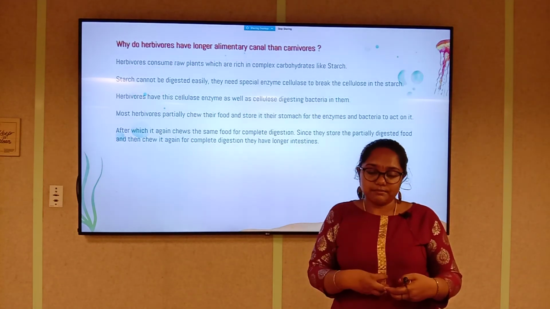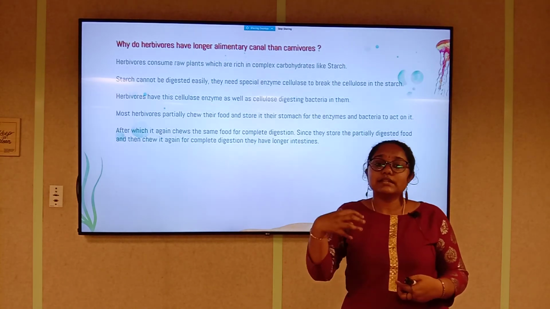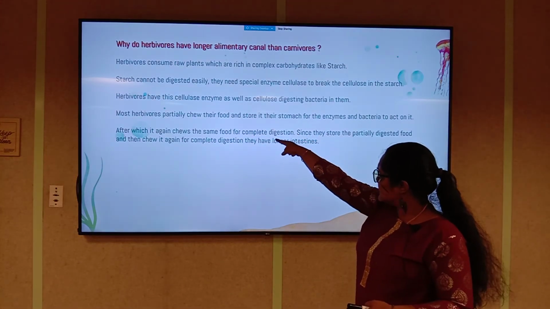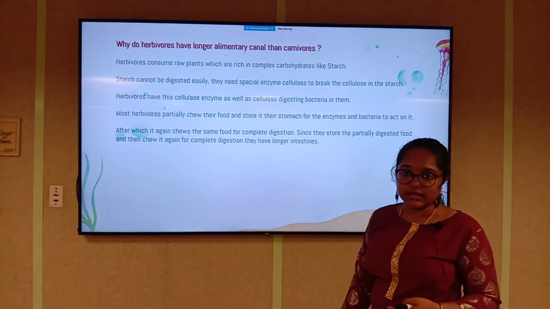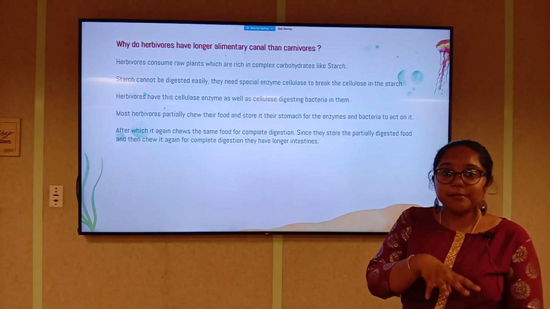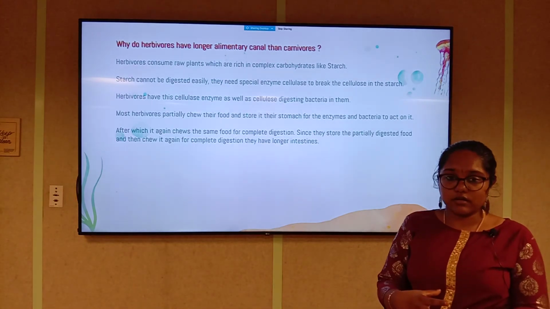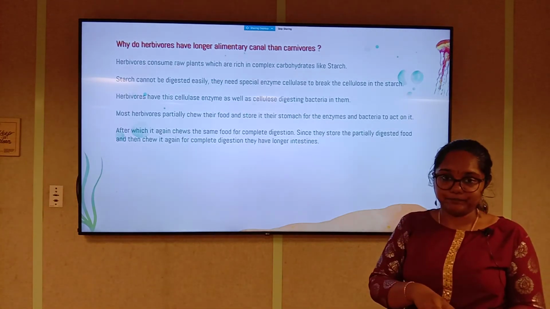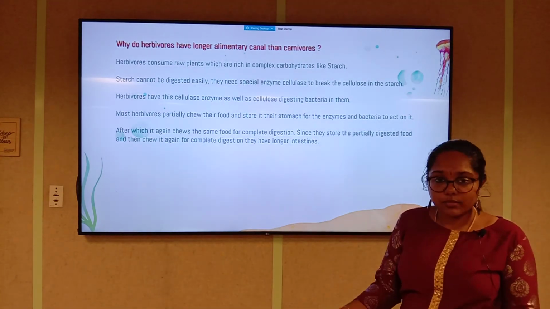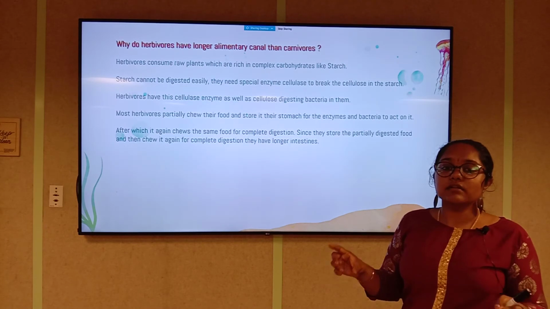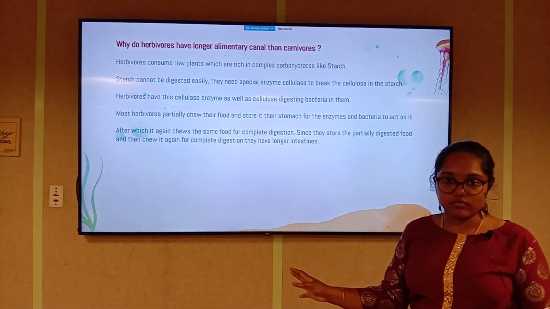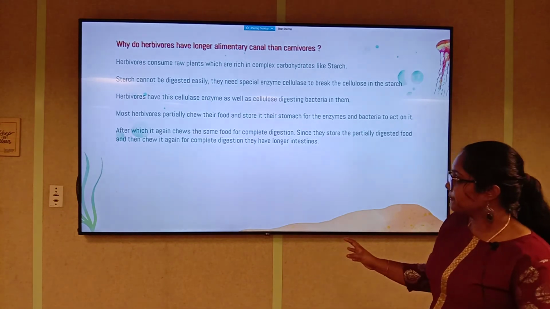It stores it in one part of the intestine, because in that part it has the cellulase enzyme and the cellulose-digesting bacteria, which act on that partially chewed food and make it even easier for the cow to chew it completely the second time, and then it goes for the complete digestion. So since it has to undergo so many processes, the alimentary canal of the herbivores is a little longer than that of the carnivores and omnivores. Is that clear?